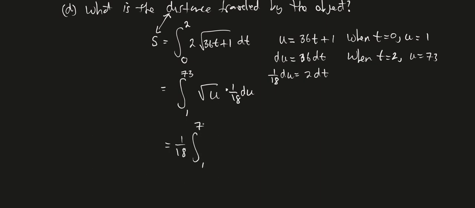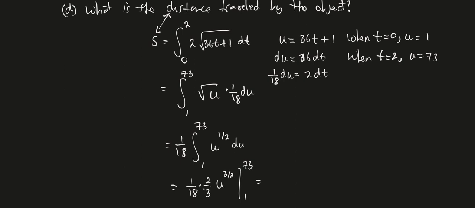We have 1 to 73, and this is u to the 1/2 du, and then use our power rule for antiderivatives. So we have 1/18, and adding 1 gives me 3/2. Dividing by 3/2 is the same as multiplying by 2/3, and then I'll have u to the 3/2, and my limits are 1 and 73.